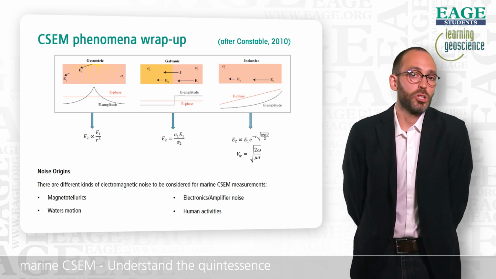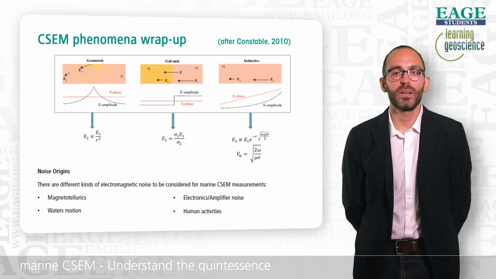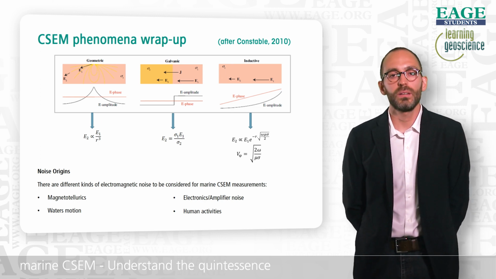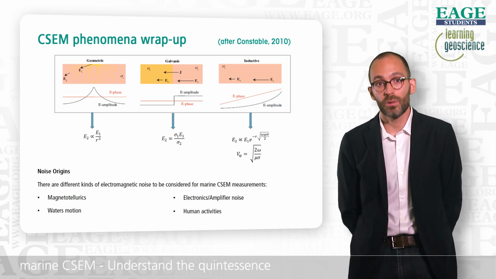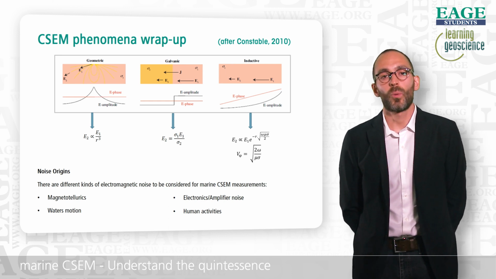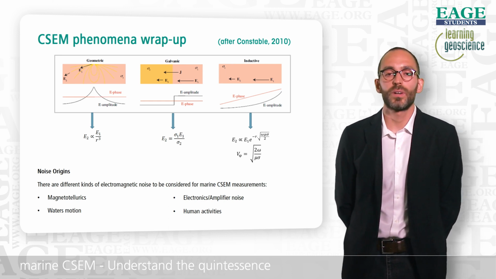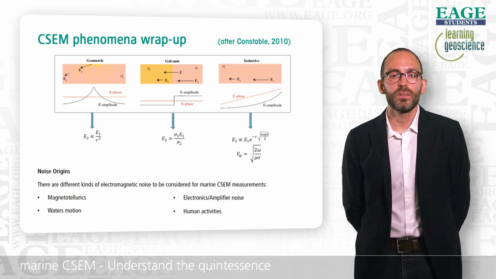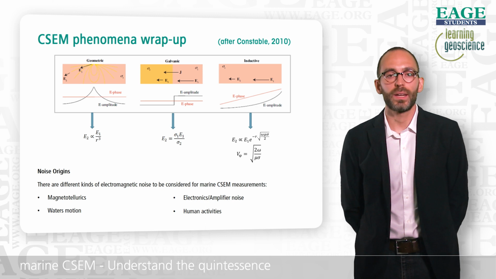The geometric, we just saw it on the previous slide. The galvanic is increased by the contrast of conductivity and the occurrence of normal electric currents at the interface between two media. And people dealing with DC methods are used to those two effects.